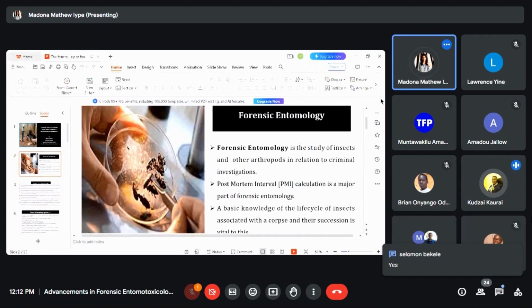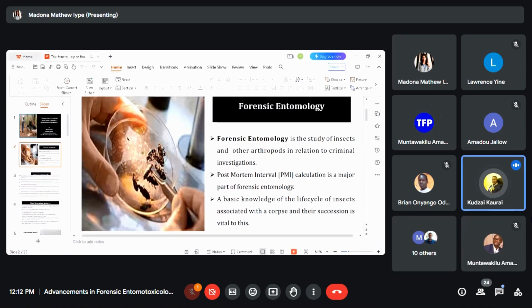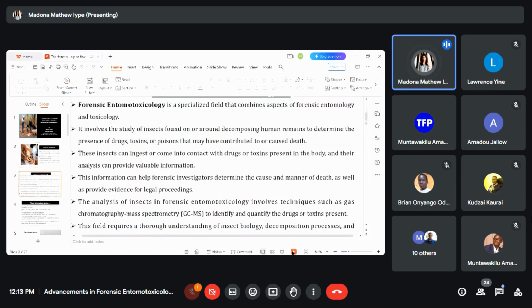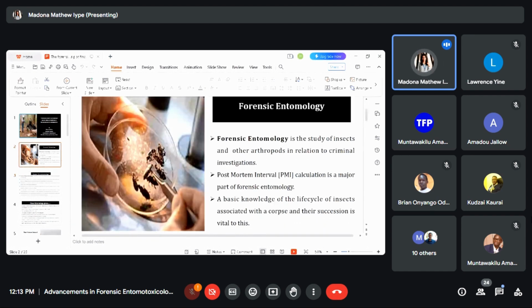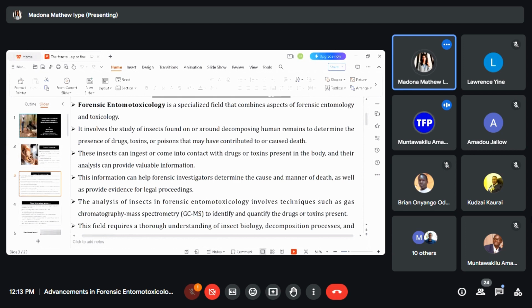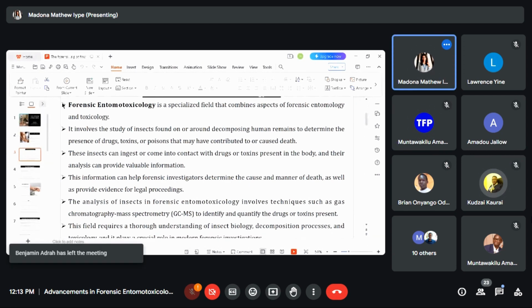Yes, slide two. Okay, I think when I'm keeping it on the full screen, it's not visible. Okay, I'll continue like that. I hope it's moving right now, right? Yeah, sure.